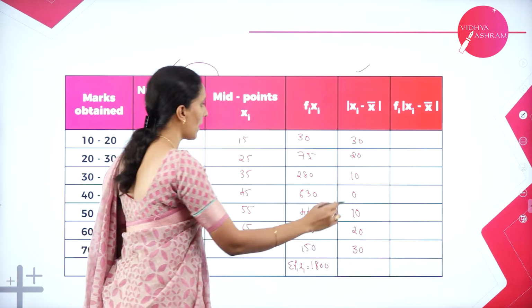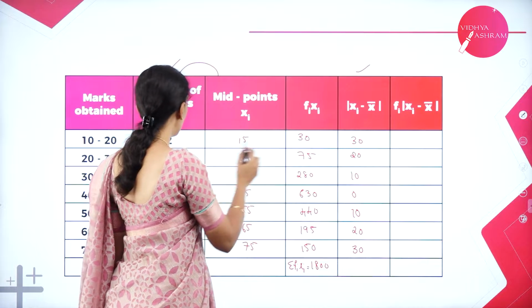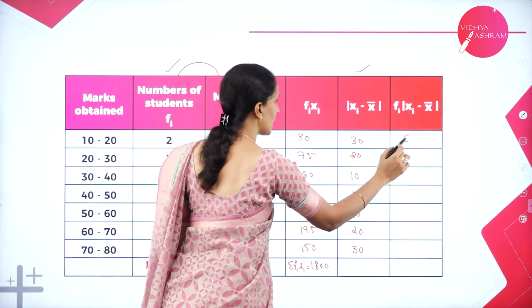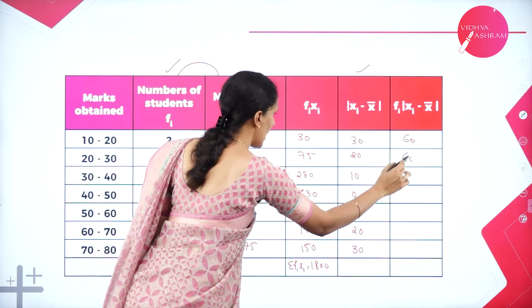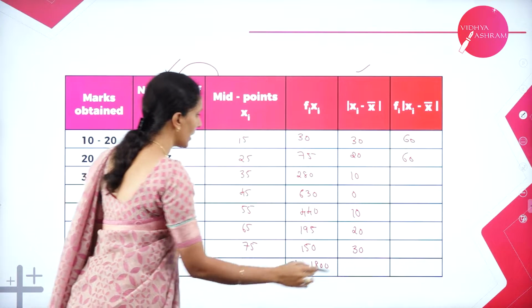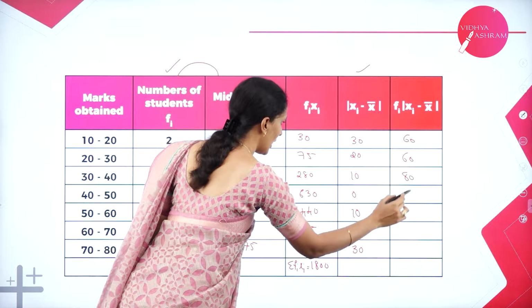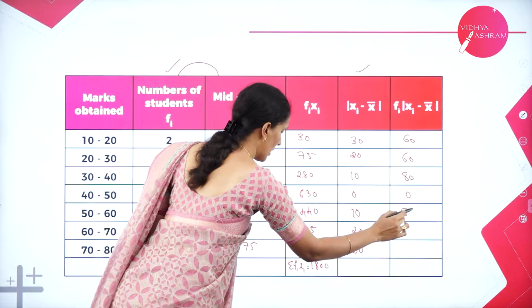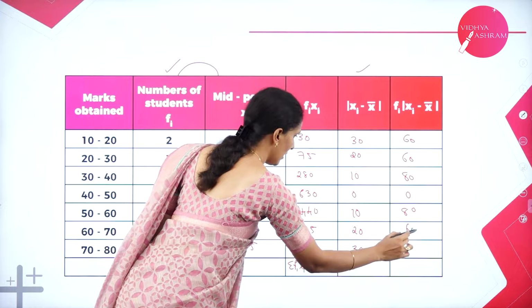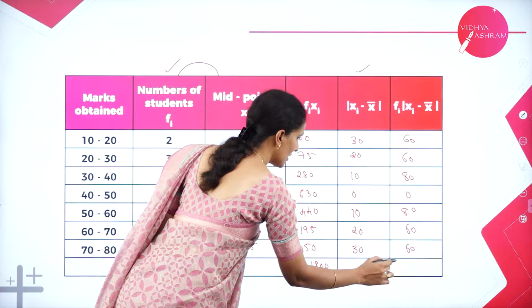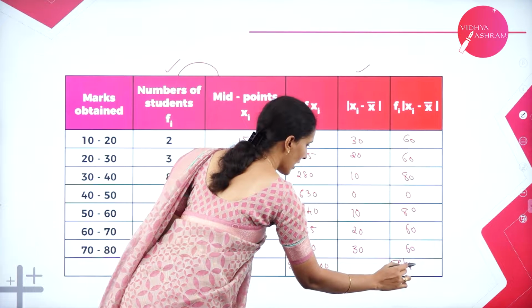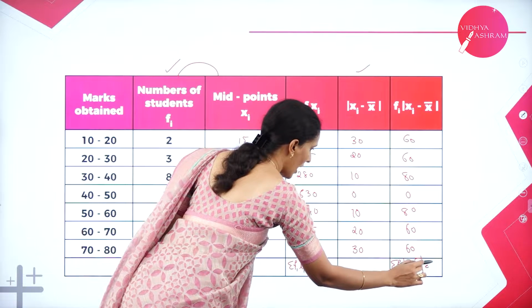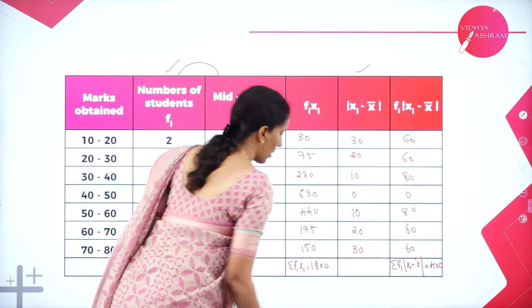After multiplying, you get 30 into 2, which is 60, 20 into 3, which is 60. Like that, if you go on multiplying each term, you get 80, 0, 80, 60 and 60. Let us take the summation of this, that is summation fi modulus xi minus x bar. When you add it, you will get 400.